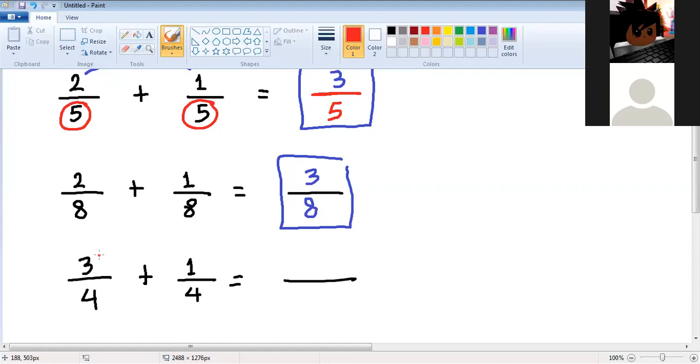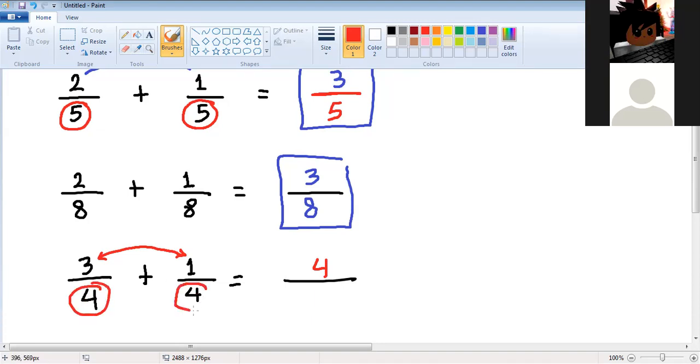So I do 4 plus 1? Where is 4 plus 1? Just do 3 plus 1, the two numerators together, 3 and 1. What is 3 plus 1? 4. And what about the denominator?